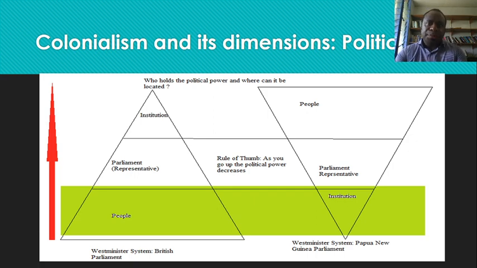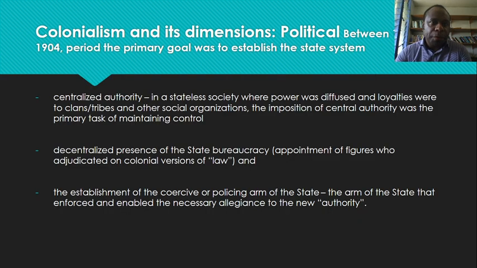So the political dimension, if we can go, introduces us to this centralized authority. Colonialization came in, in 1949, and it introduced Papua New Guinea to centralized authority. What is centralized authority?